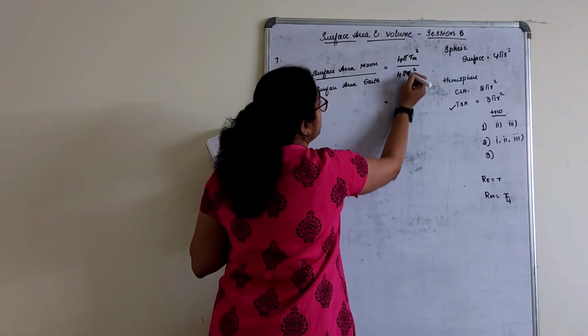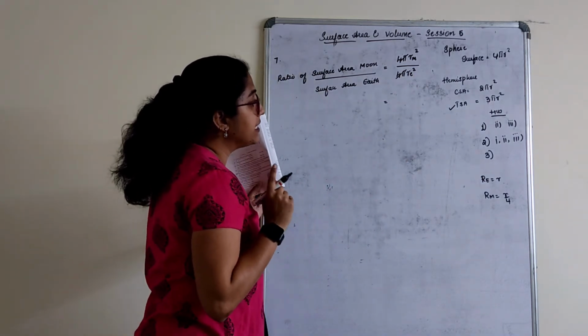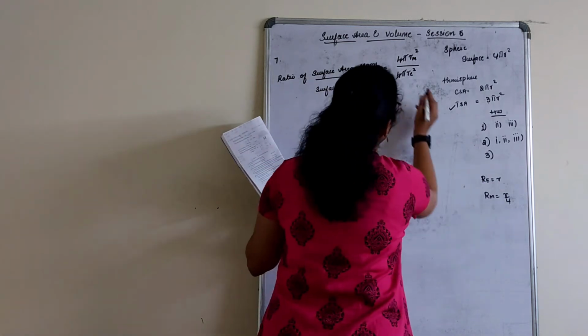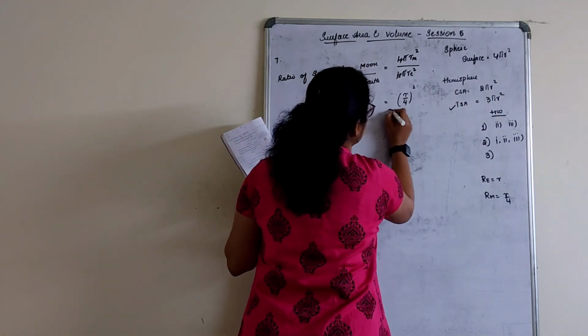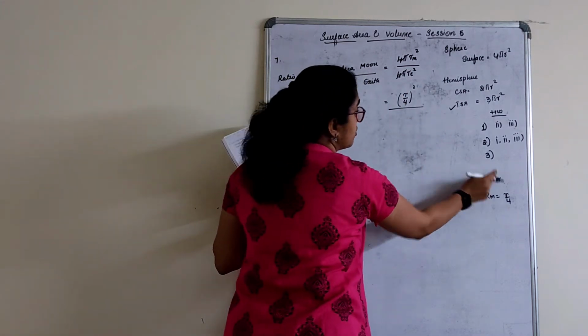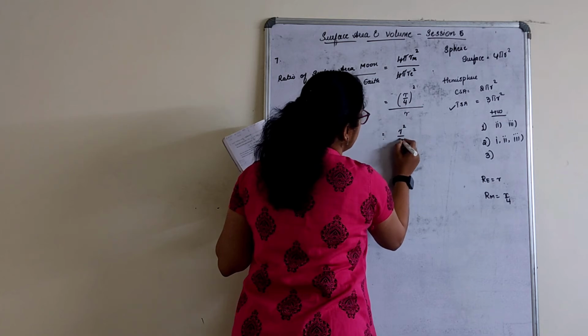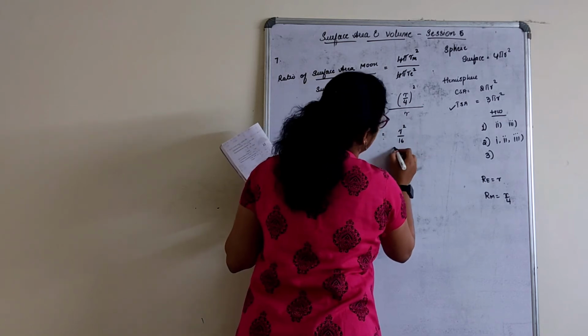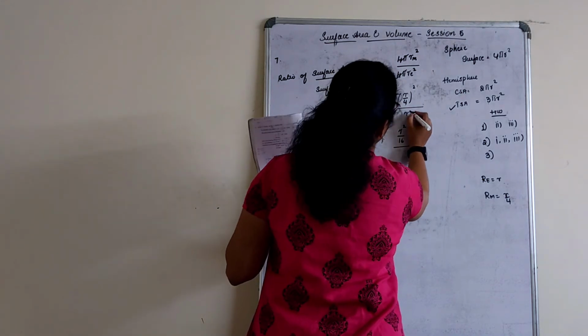Okay. 4 pi and 4 pi will get cancelled anyhow. What is radius of the moon? Radius of the moon is r by 4 whole square divided by, what is radius of the earth? R. So this is r square by 16 divided by r square.